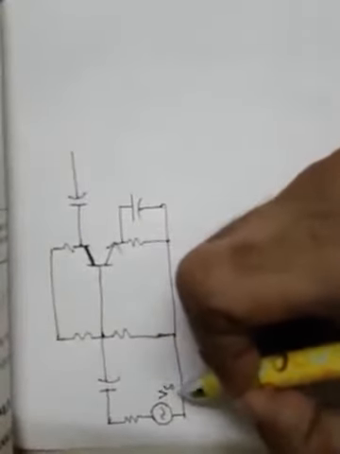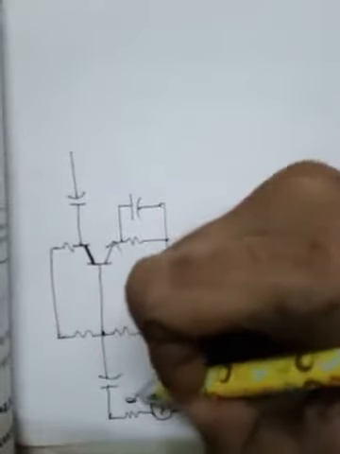This is the input alternating signal voltage Vs. This is its internal resistance Rs.